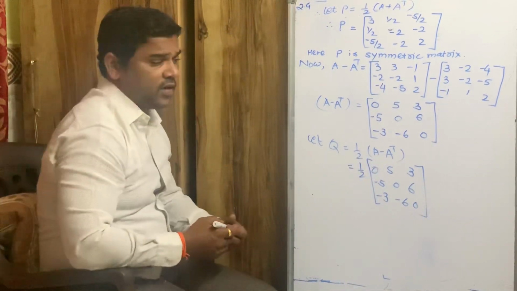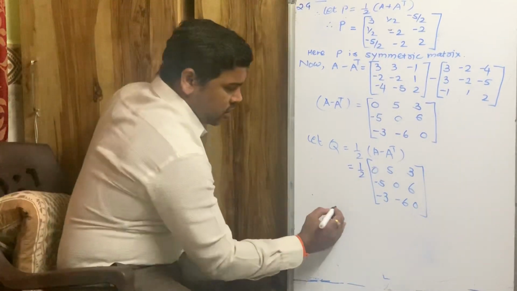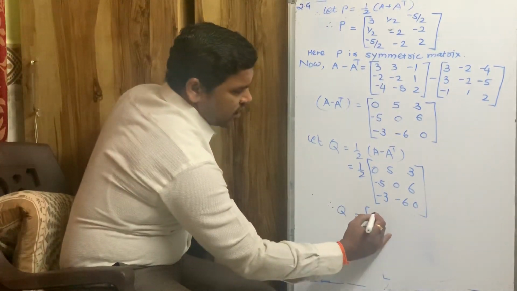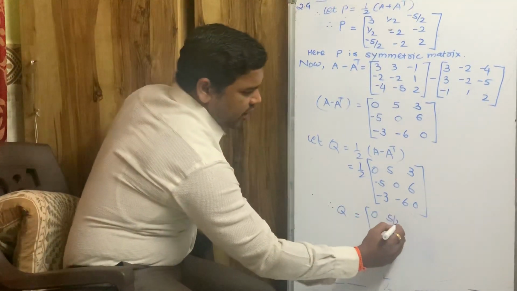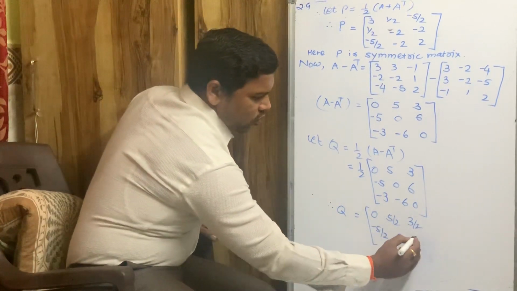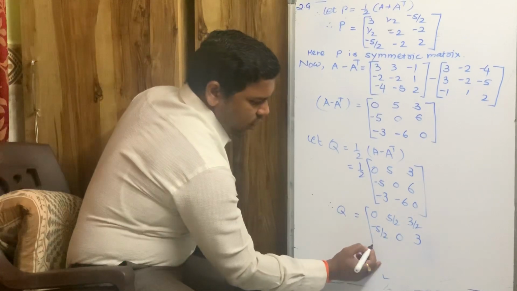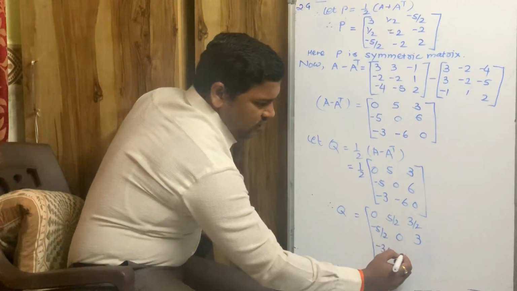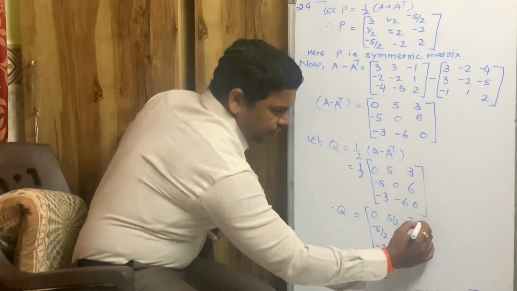If you multiply by half, what will you get? So Q is equal to: 0, 5 by 2, 3 by 2 in the first row; then minus 5 by 2, 0, 6 by 2 meaning 3 in the second row; and in the third row, minus 3 by 2, minus 6 by 2, that is minus 3, and 0.